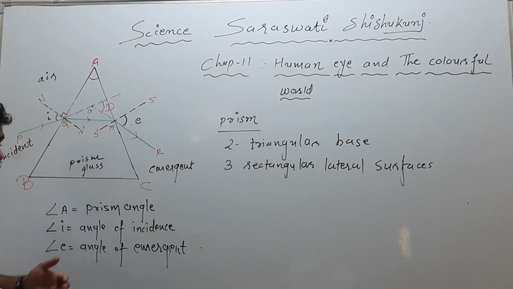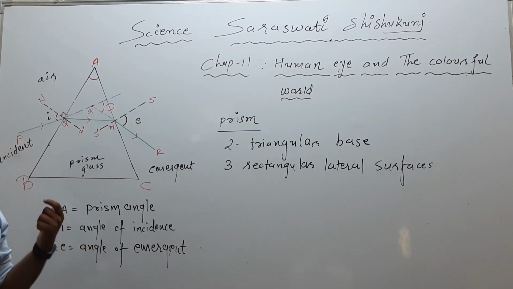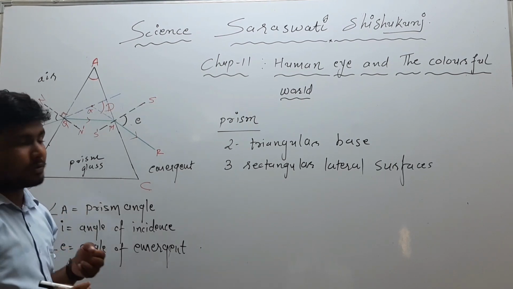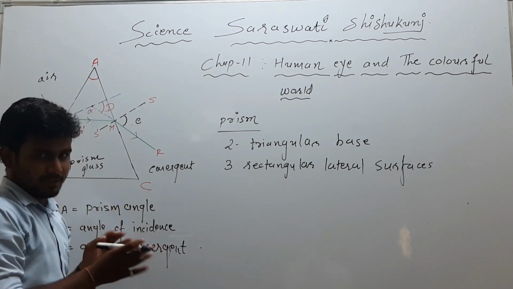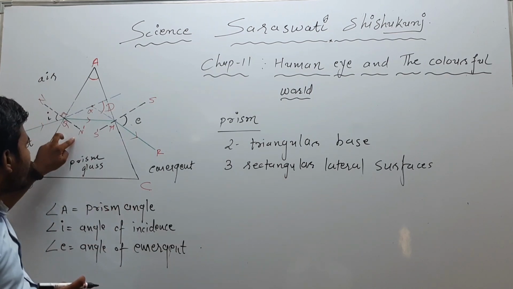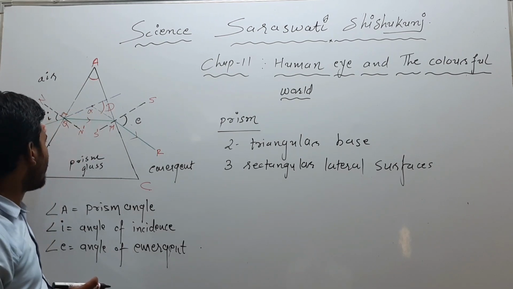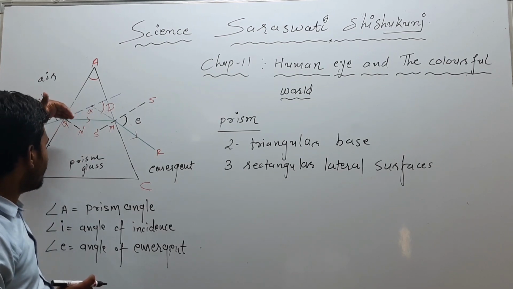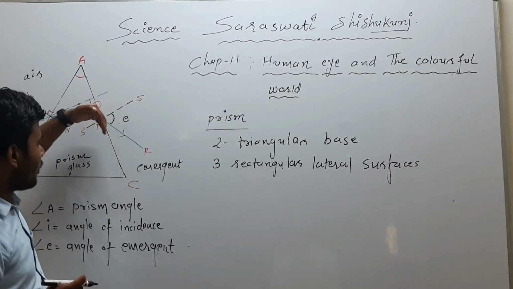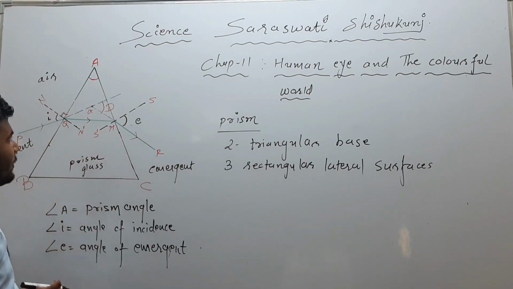Why this happened we know from the topic of refraction, where we understood refraction due to a rectangular glass slab. When light enters from one transparent medium to another, it changes its direction. From rarer to denser, it moves towards the normal. From denser to rarer, it goes away from the normal, as we are seeing here.